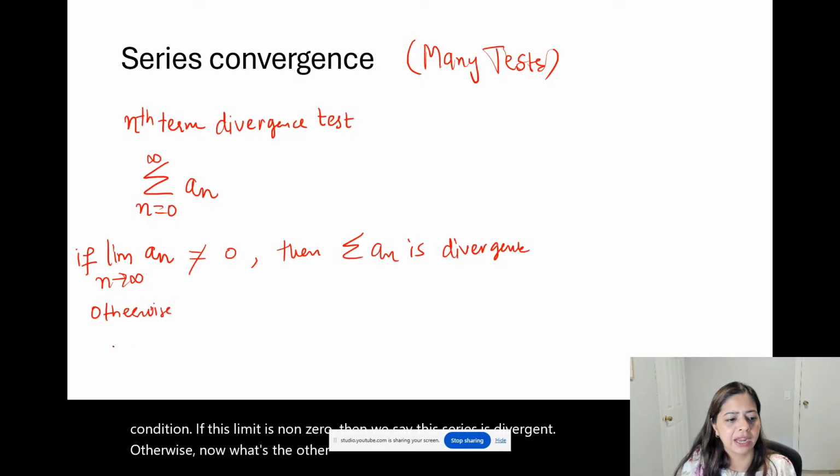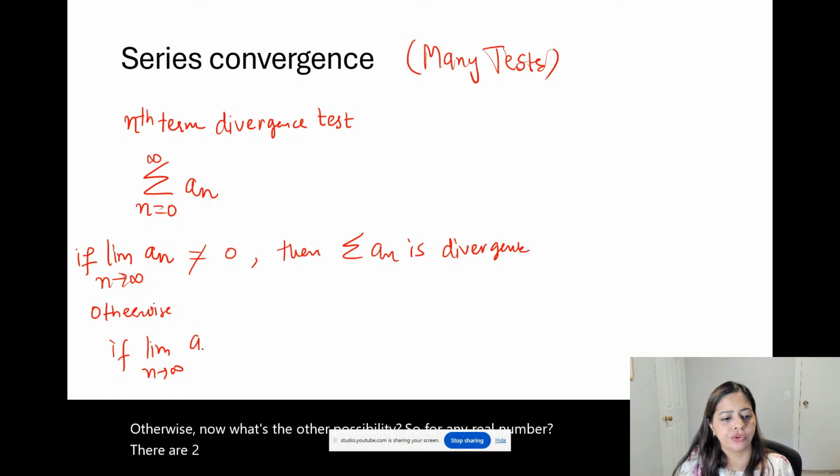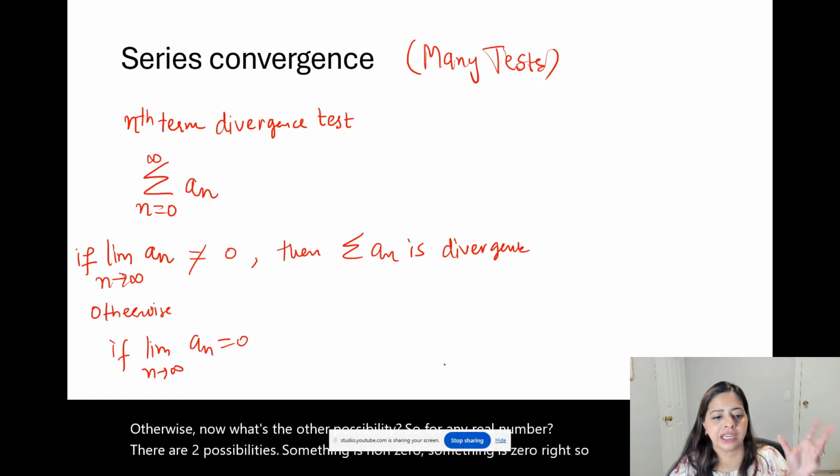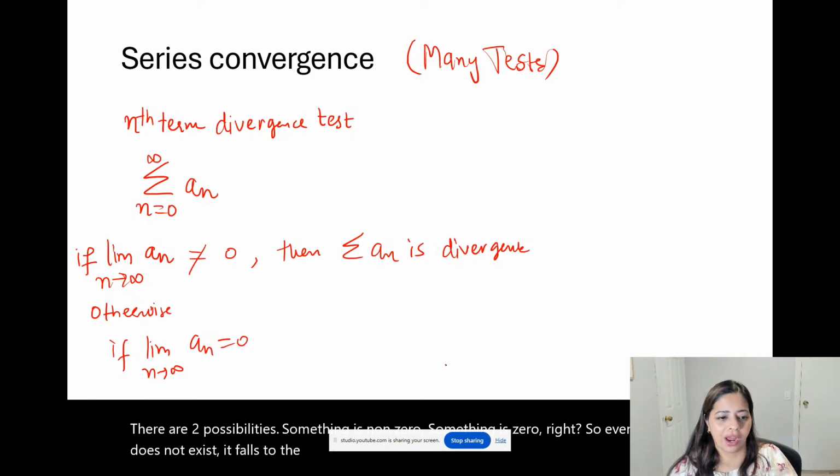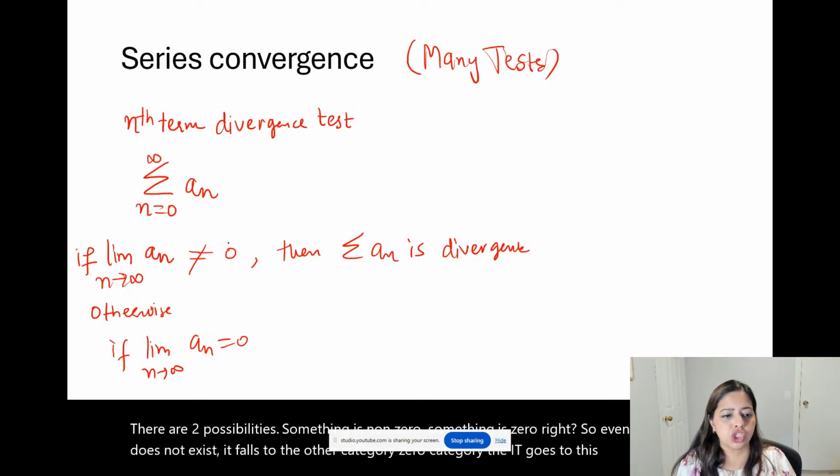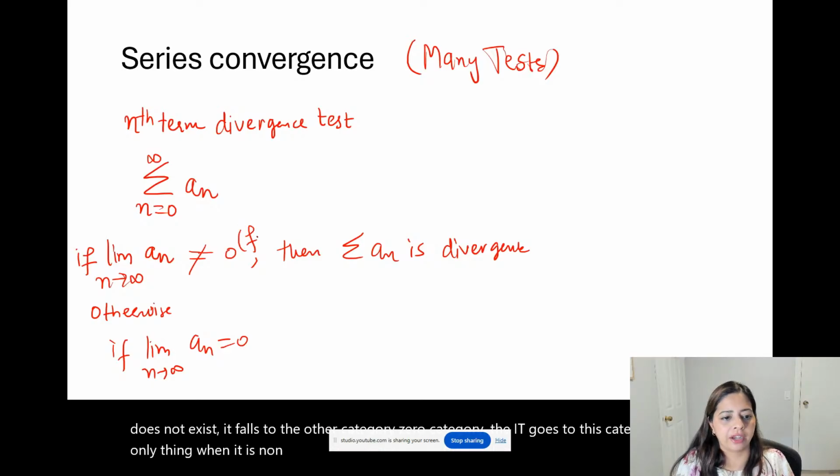For any real number, there are two possibilities. Something is non-zero, something is zero, right? So even if the limit does not exist, it falls to the other category, the zero category. So the only thing when it is non-zero, I should actually write finite here.